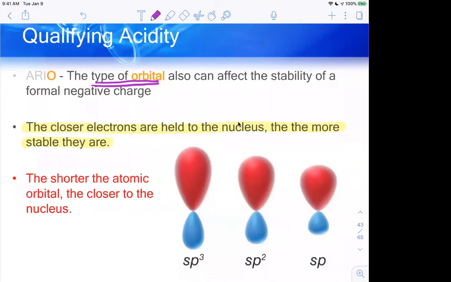So let's think back to the difference in the orbitals of an sp3 hybridized carbon, an sp2 hybridized carbon, or an sp hybridized carbon. This is a shorter atomic orbital. That means any electrons in here are going to be closer to the nucleus.